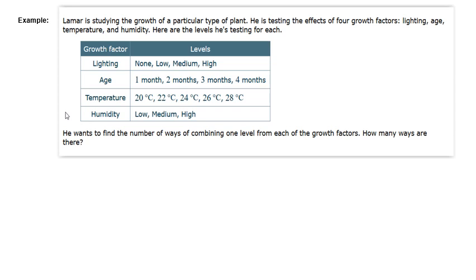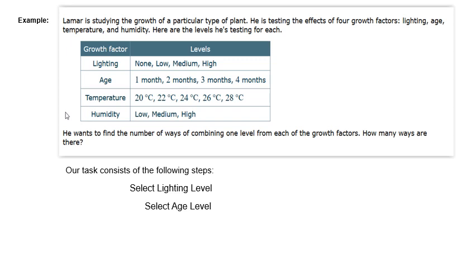Here's the answer. We need to find the number of ways of combining one level for each of the growth factors. So how many ways are there? Our task consists of completing the following steps. We need to select the lighting level, the age level, the temperature level, and the humidity level.